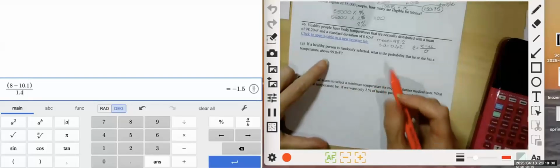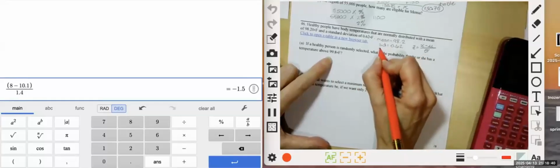I'm pretty sure it's an X, because it's not a percent. That's exactly it. So this is our data item.